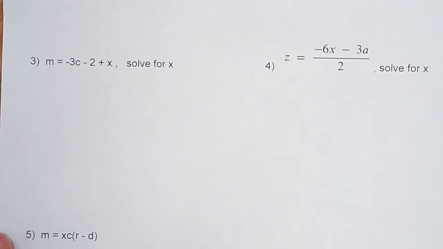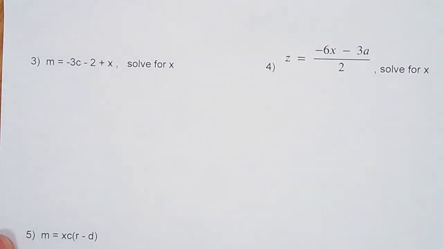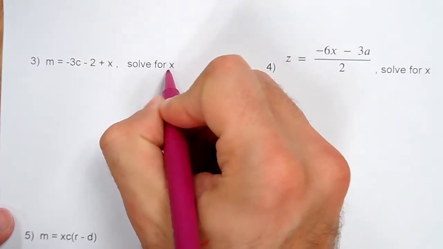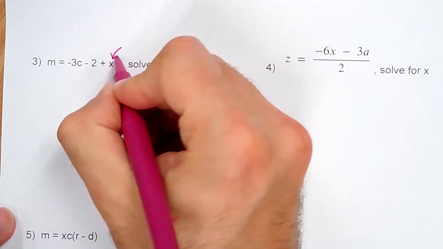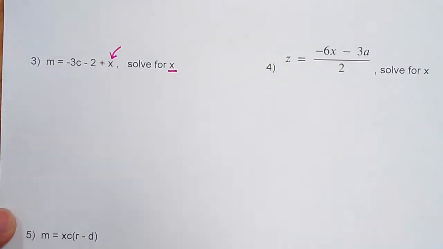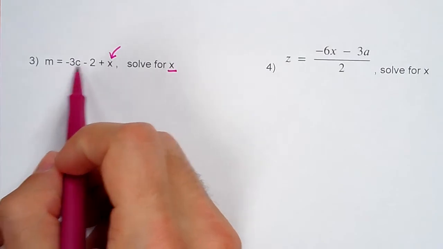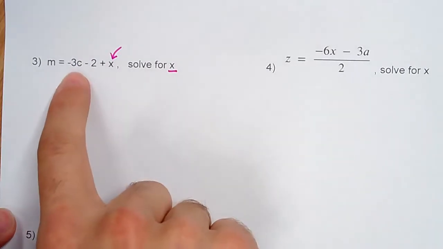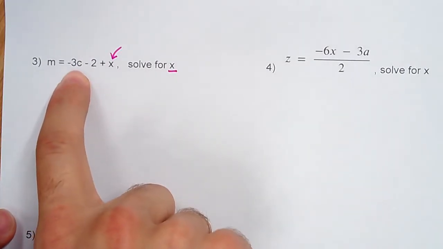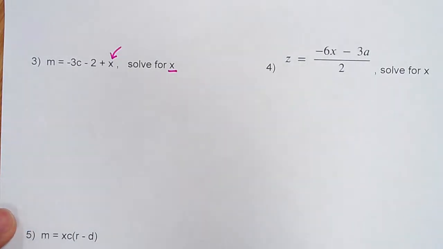Example 3, m equals negative 3c minus 2 plus x. And we want to solve for x. So we want x by itself. Well, I can do this in any order, but what I do know is I have to undo this minus 3c, and I have to undo this minus 2.